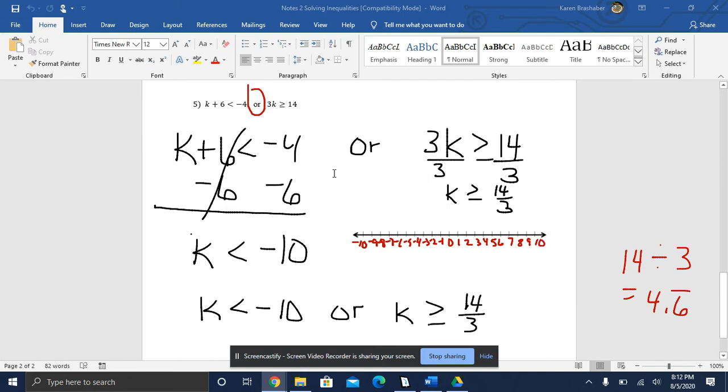So we'll go from -10 to +10. So we want to show on this graph both parts of this statement because k can be less than -10.